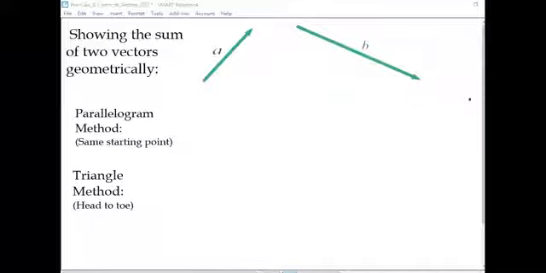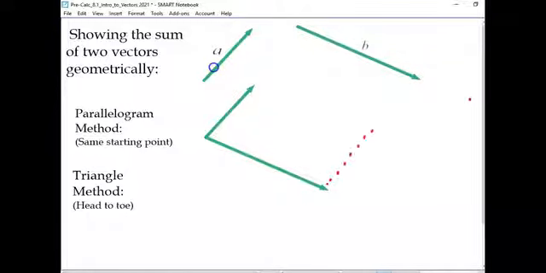Okay, so like we were just talking about, we can draw these two different ways. If I have two vectors, let's say I'm going to do the parallelogram method, then I put the two tails together. I try to draw parallel lines, so I'm trying to go opposite the one ray.